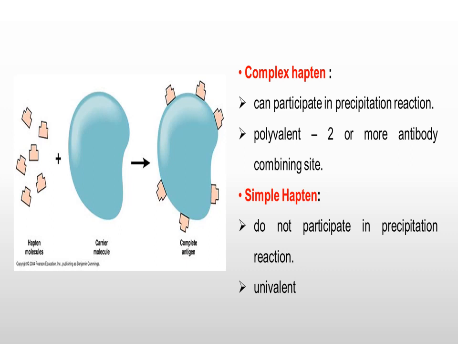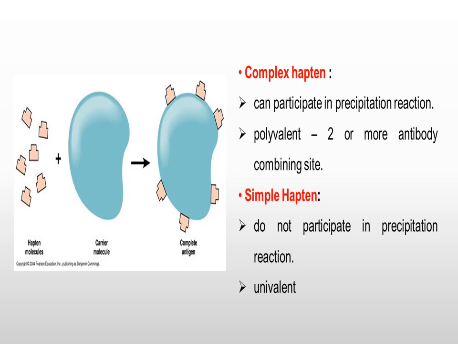If there are multiple sites, two or more than two sites in the antigen for combining with the antibody, they are called polyvalent. So complex haptens are generally polyvalent, so they have two or more antibody combining sites, whereas simple haptens are monovalent or univalent, so only one antibody combining site.